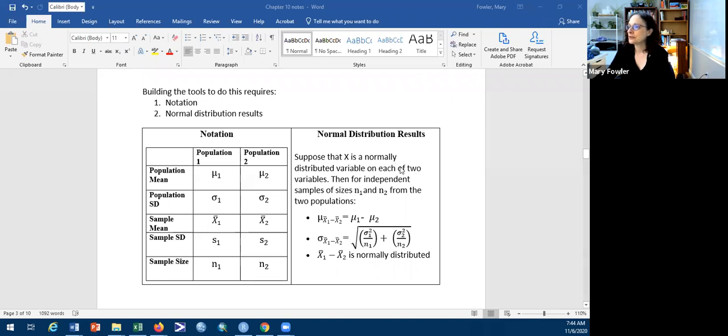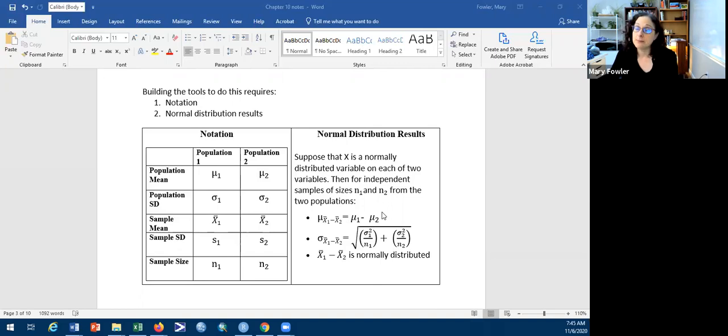Then for independent samples of size n1 and n2 from the two populations, we want to compare mu1 and mu2. So we look at the difference of mu1 and mu2 and see if it's equal to 0 or not equal to 0. That's the direction we use in terms of how we compare. So we're interested in the distribution of x1 bar minus x2 bar.